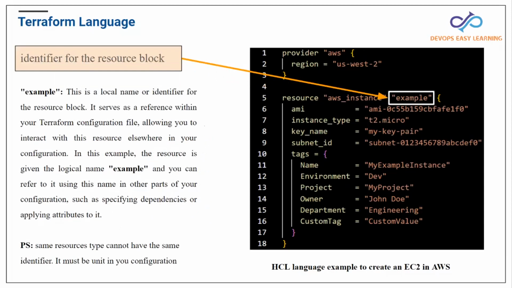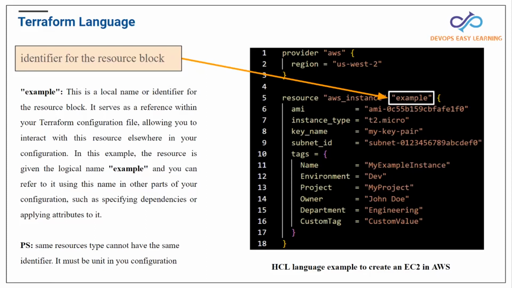This identifier is used in the Terraform state file, right? When you deploy your resource in AWS, you will not see this identifier, and you need to be very careful with it. For the same resource type, you cannot have the same identifier.